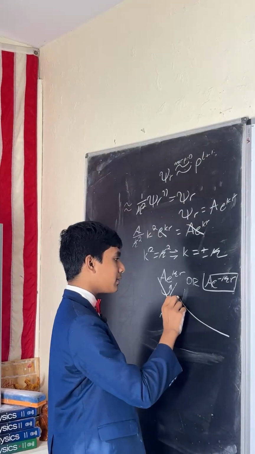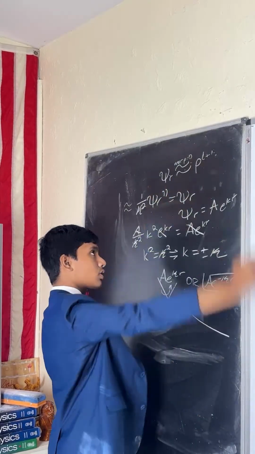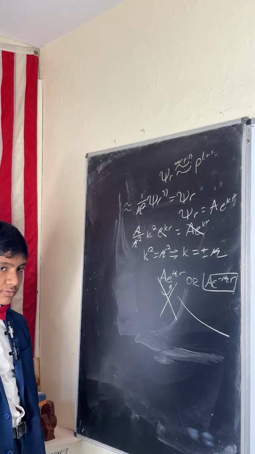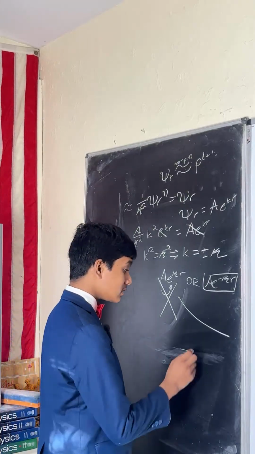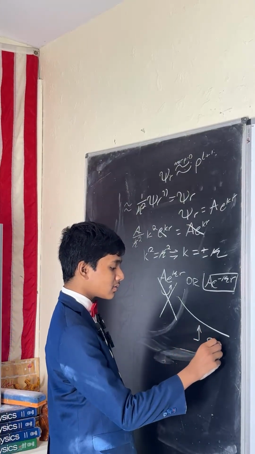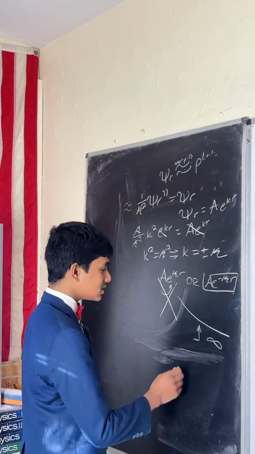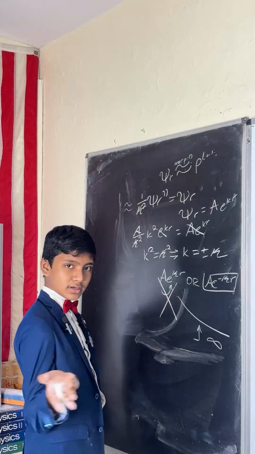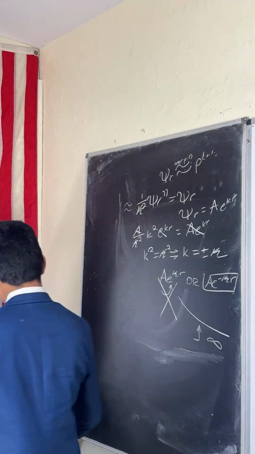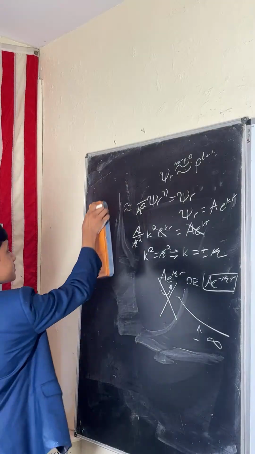And you might say, well, what about its behavior when r is around 0, or when rho is around 0? Well, this is an approximation as r approaches infinity. When it approaches 0, psi r is going to look nothing like this. So think of it this way.